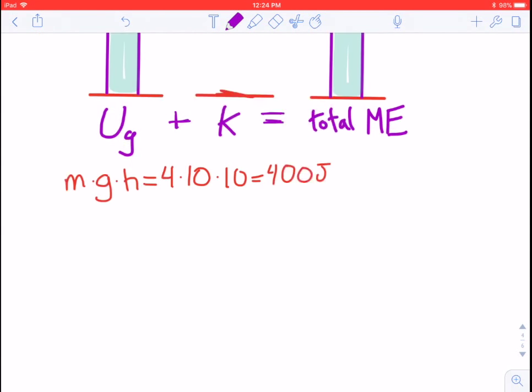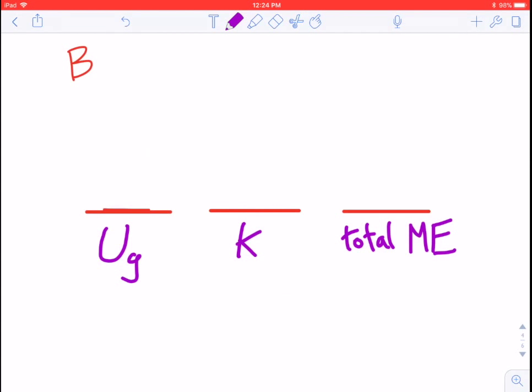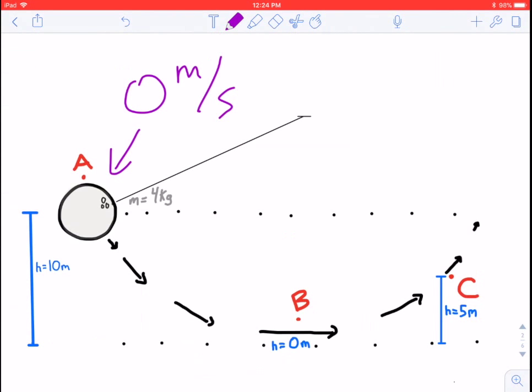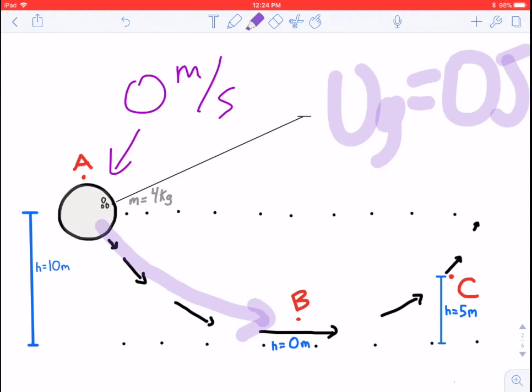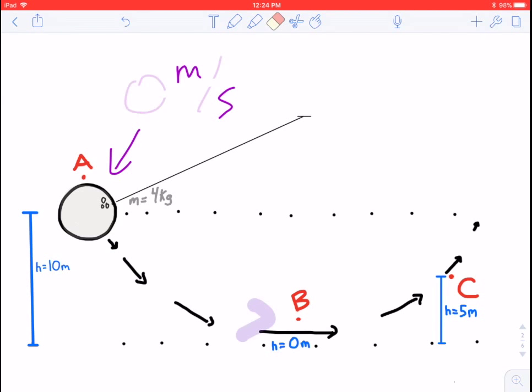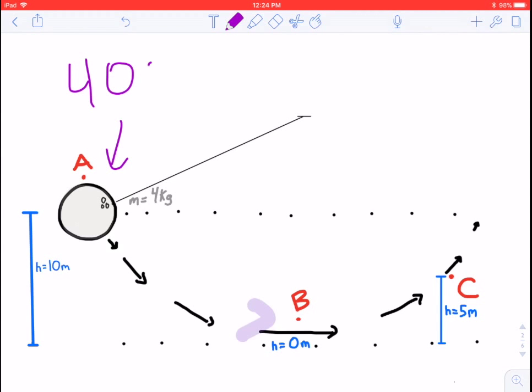Now, location B. Pretty simple. If we look at our scenario, the bowling ball swings down and loses all of its height, so its gravitational potential energy should be 0 joules. Remember, it had 400 joules of energy at the top.